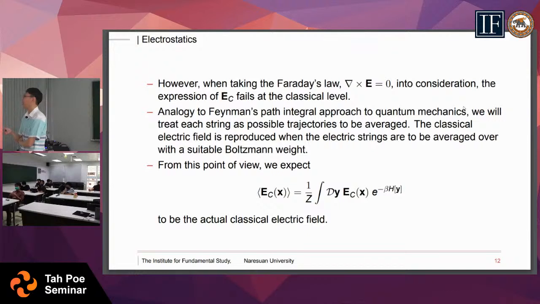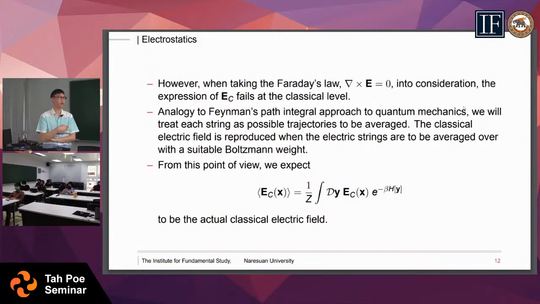So let's make an analogy to the Feynman path integral in the quantum system, where the particle can have quantum trajectories, right? But the classical trajectory can be retrieved from the average of the quantum trajectories, right? We can do the same here.